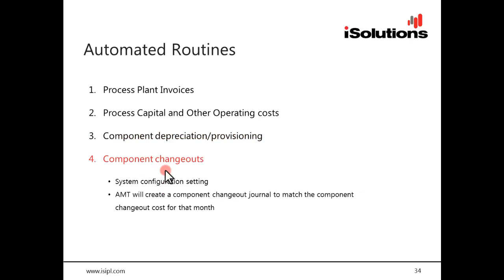And in a very similar vein, the opposite side of that is when you have a component change out, we can have a system configuration setting that says each time a component is performed and you've got your actual cost sitting in a work order for a transmission change out, automatically create a journal to credit the P&L for that amount and charge that to your provision account.